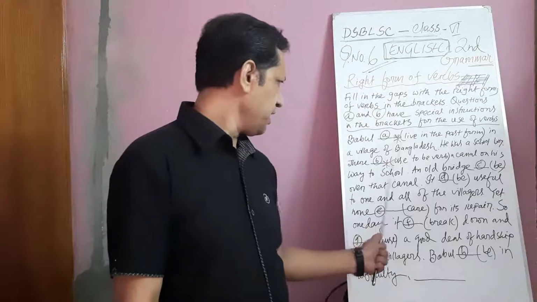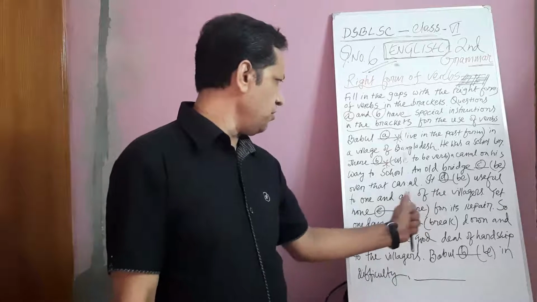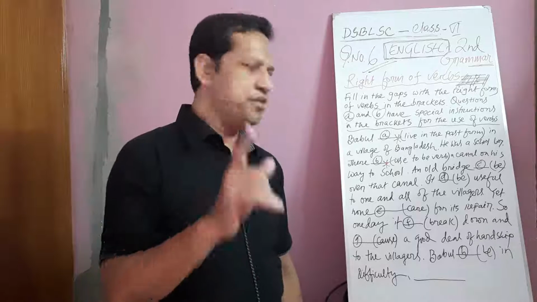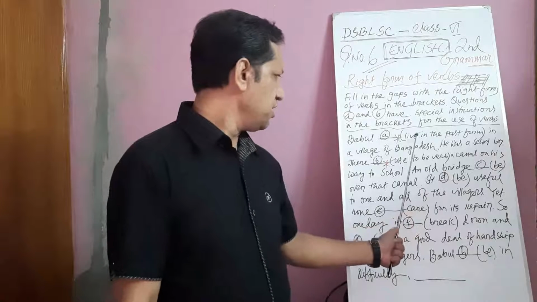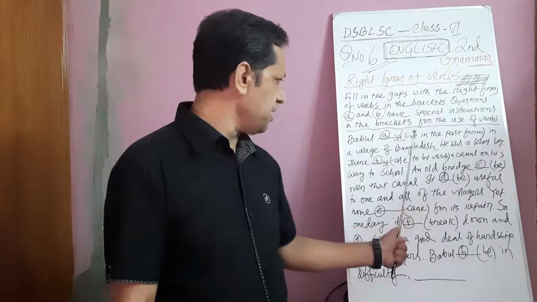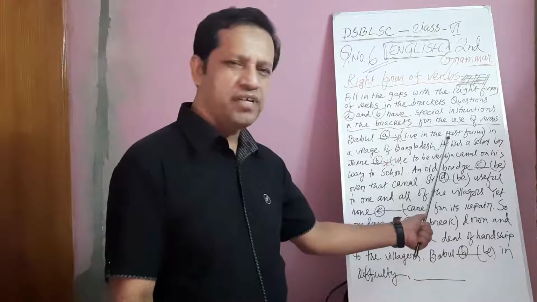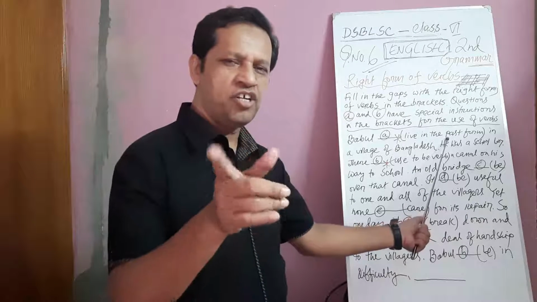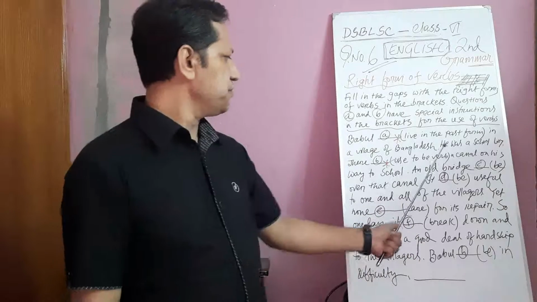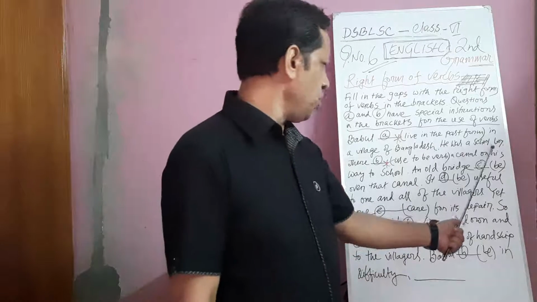Babul, live in the past form. So here you have to write lived, because there is a special instruction in the bracket: live in the past form, so you can't write it in present or in future. In a village of Bangladesh, he was a school boy.